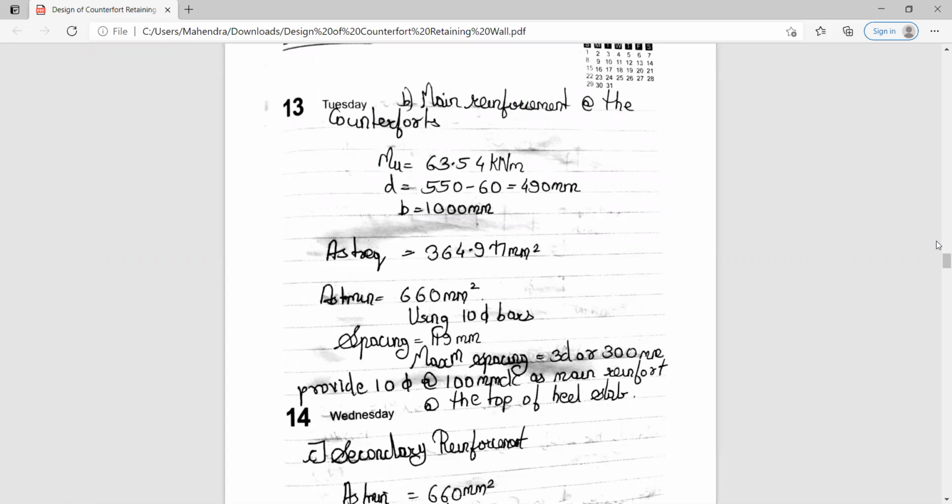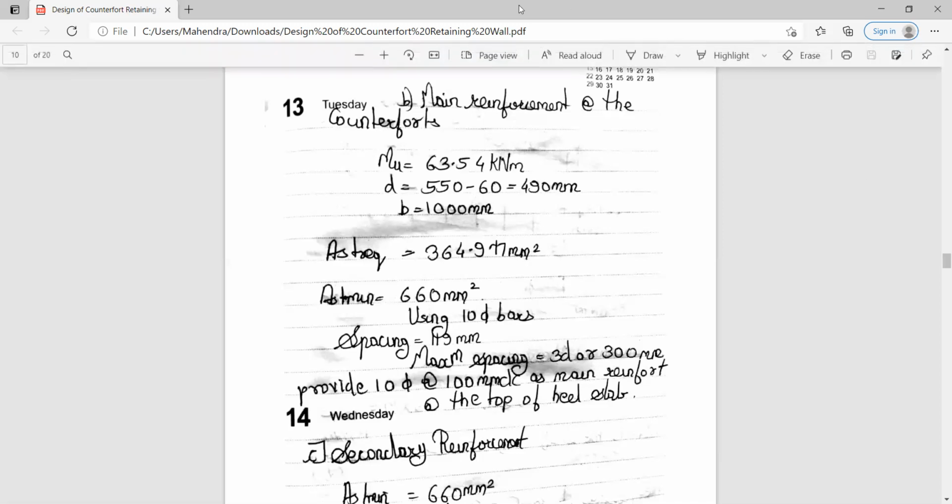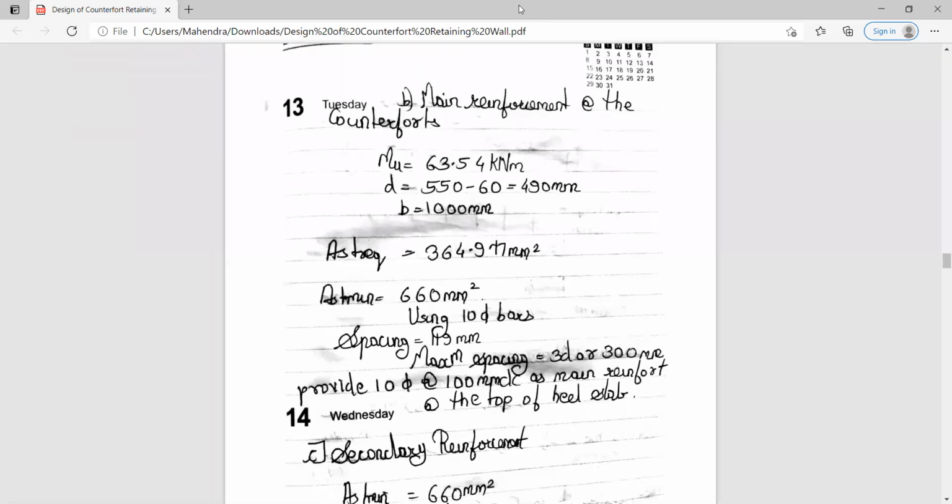So complete up till here, then we'll proceed for the secondary reinforcement. And if any doubts in this, you can ask if you are having any queries.